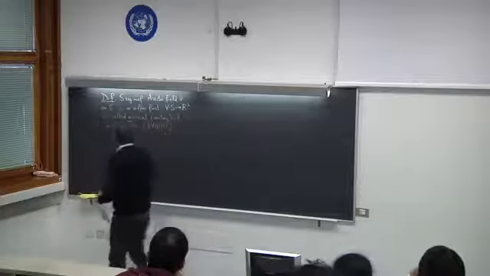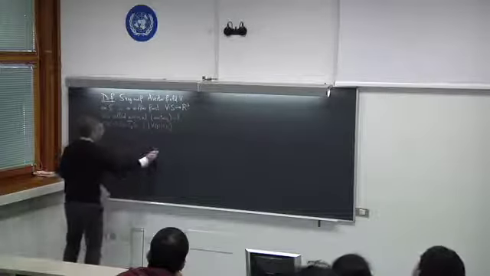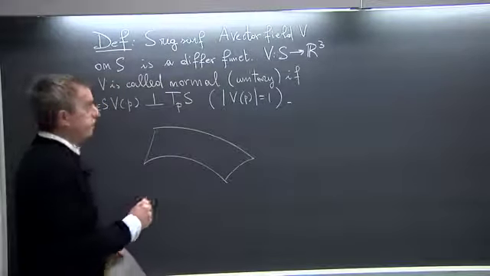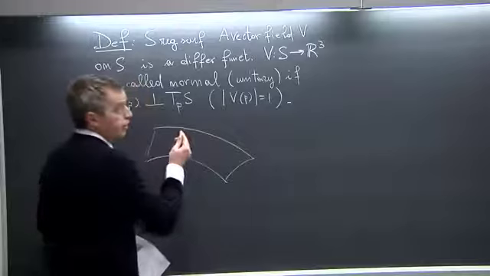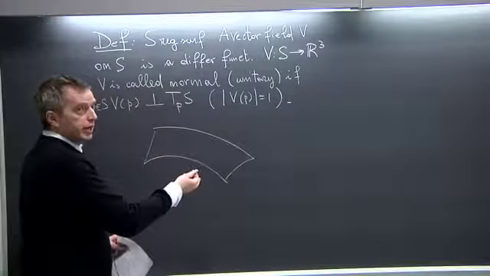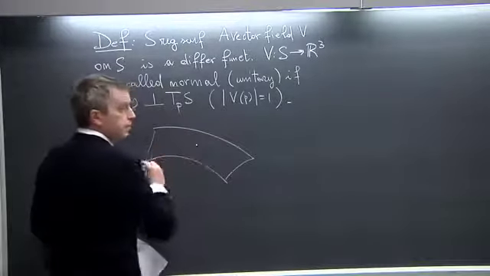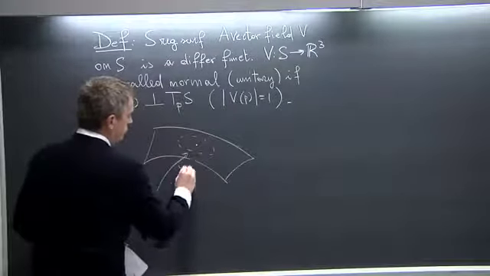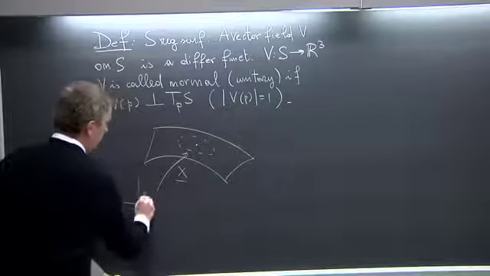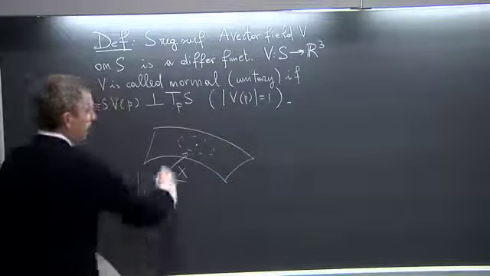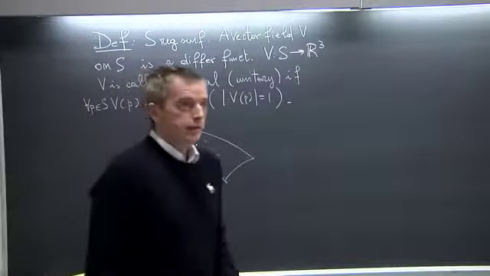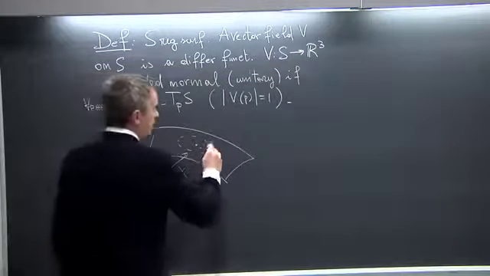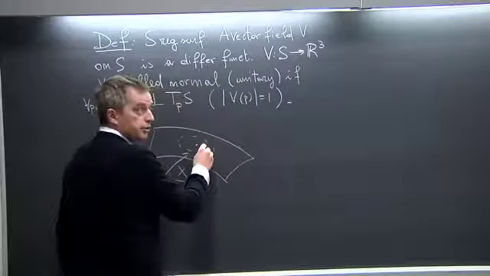When you have a surface in R3 and you want to write down a vector field along it, what you usually do, and you will see it now in practice, is that around some point, since you know that it's a regular surface, you have the usual chart, the usual picture. So you have this open set U and the map X. Now the vector field is really here. It's on the surface.